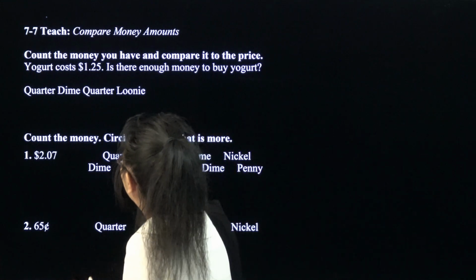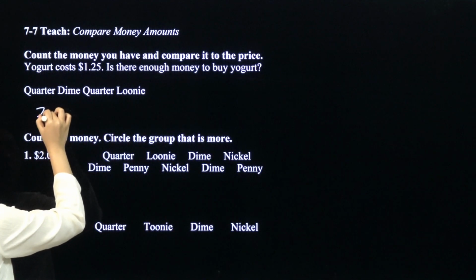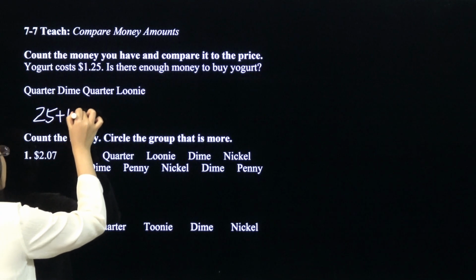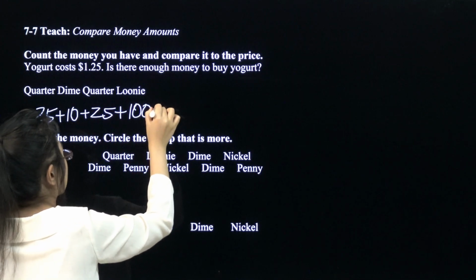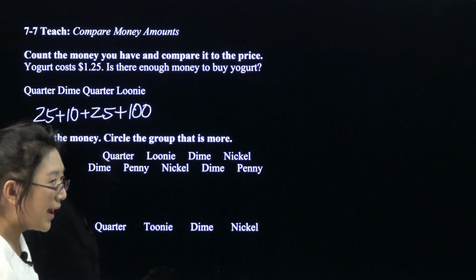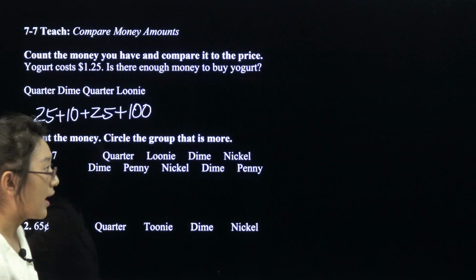You have a quarter, a dime, a quarter, and a loonie. So that's 25 cents plus 10 cents plus another 25 cents plus 100 cents. Don't add just $1 in because you have to keep the units the same.